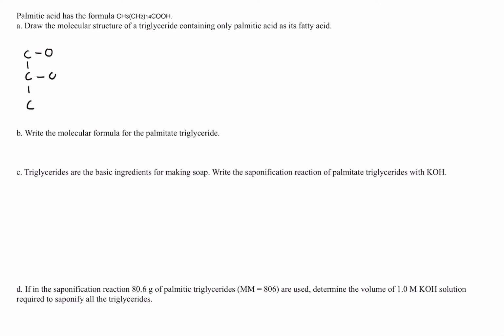So in this case, this is the alcohol, but then it will connect to palmitic acid. So this would be CO over here, and then we see this from the structure. So we are going to have CH3 from this one here, and then we have CH2 for this, and we have COOH.